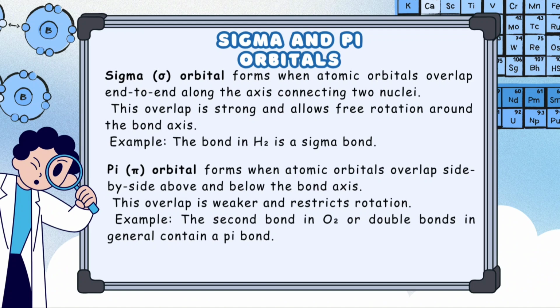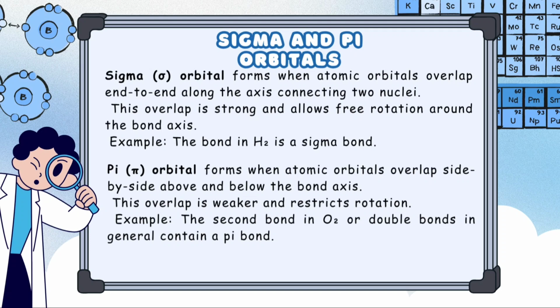So generally, sigma orbitals are the orbitals that are joined together, while pi orbitals are still technically connected, but side by side.